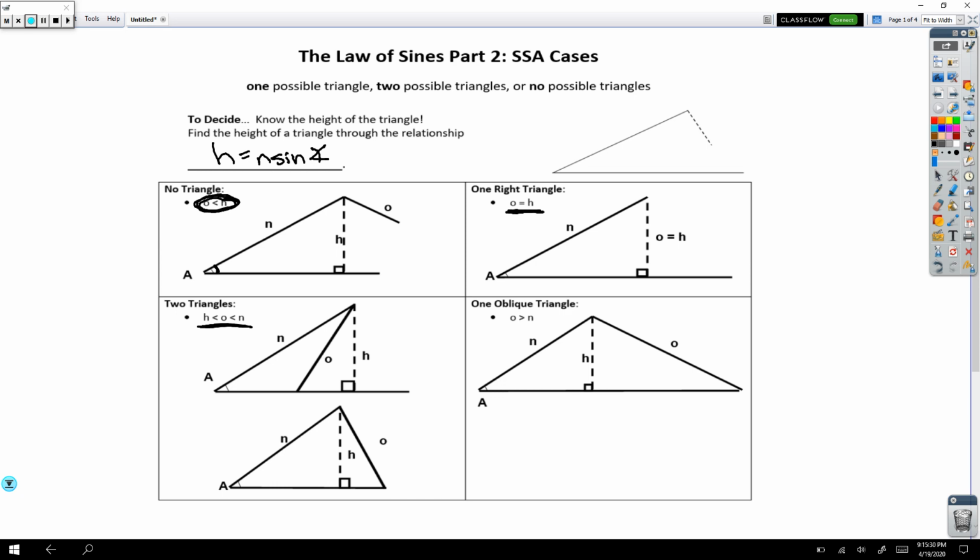And finally, if the opposite side is greater than the adjacent side, then we have one oblique triangle. All right? So let's start by first deciding how many triangles we have given specific information.